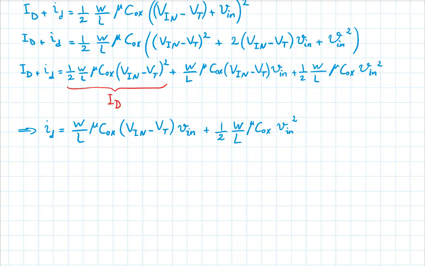Is there something else I can say? Now here I'd like to ask you guys to suggest an approximation. See if there is something that we could get rid of.